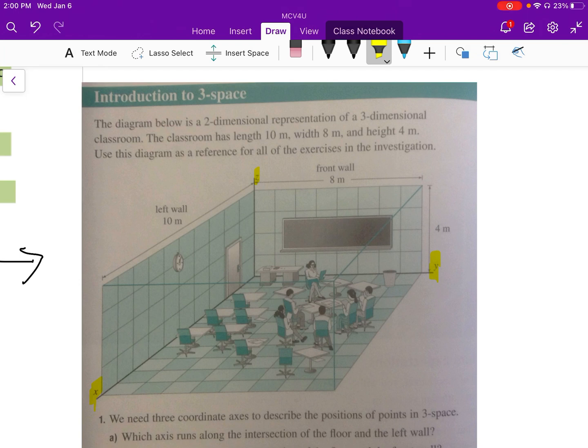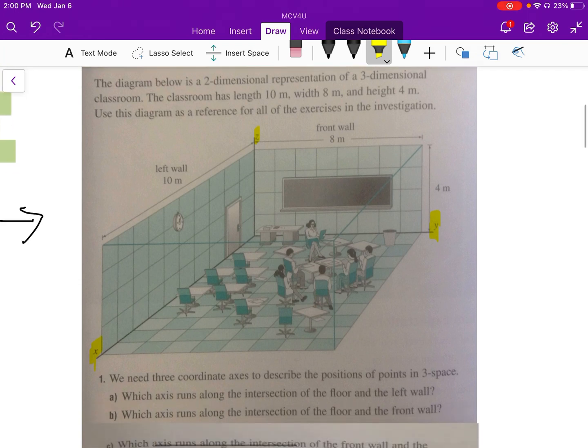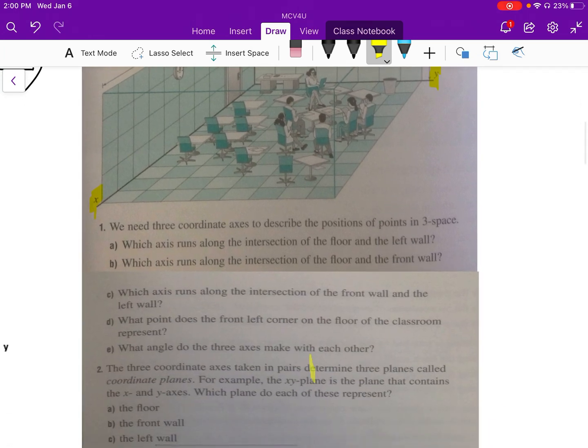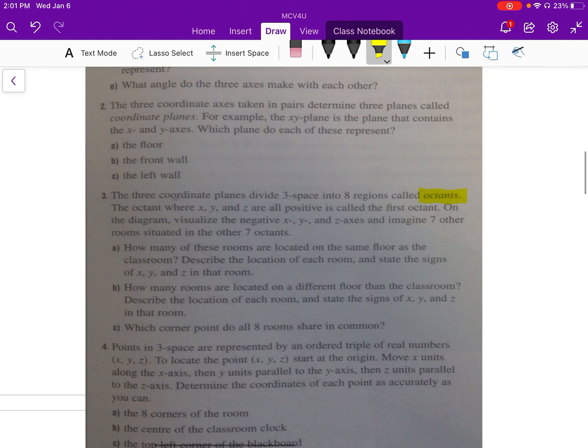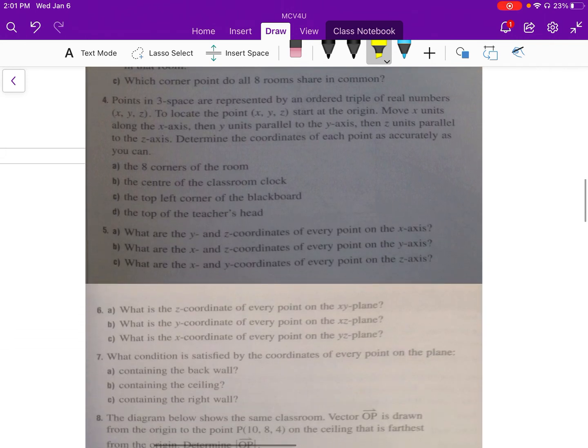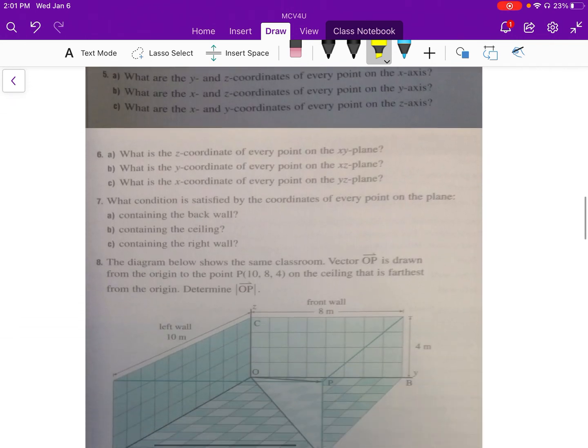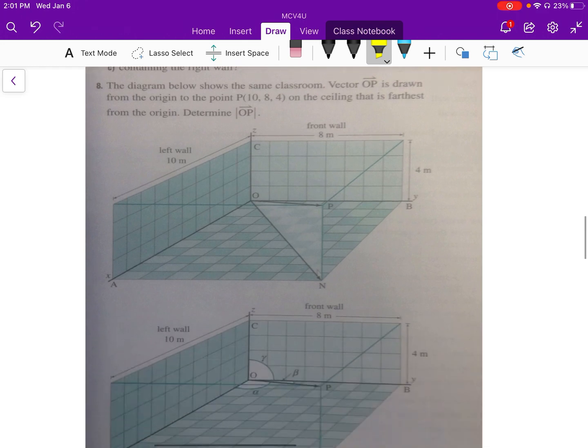So pause this and go through these questions on your own. Understand each one. Try your best to go through. After you're done with these and you're thinking about it, it should take you maybe 20, 25 minutes or so just to look through it.